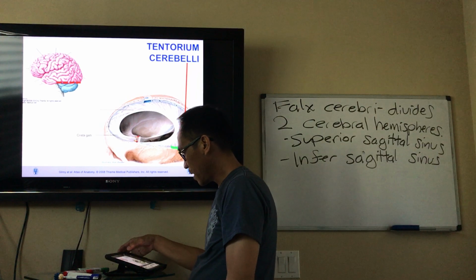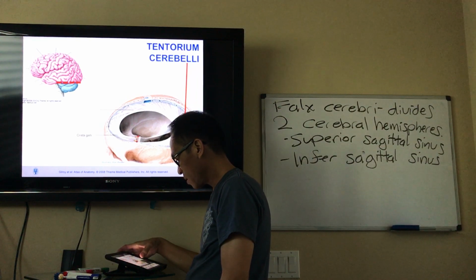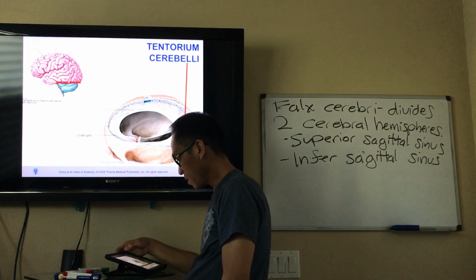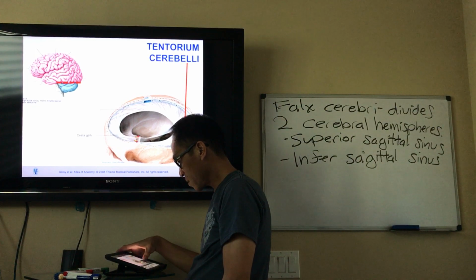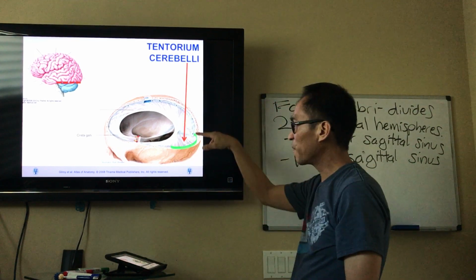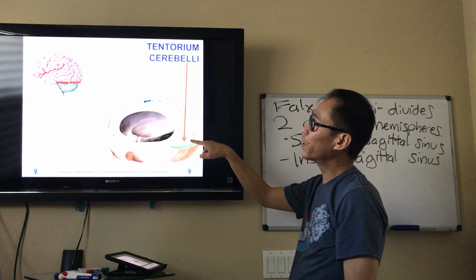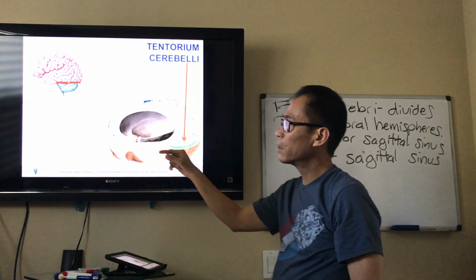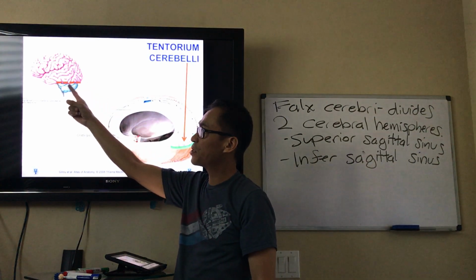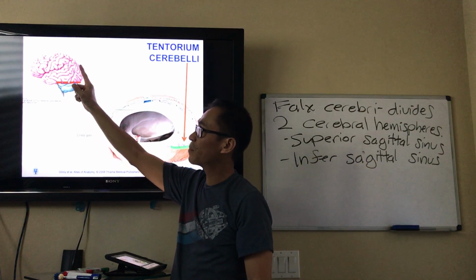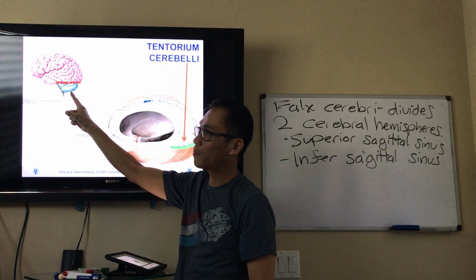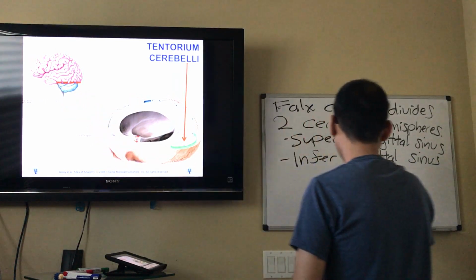Okay, the next one is the Tentorium Cerebelli. I already have my green line in there, but this is the partition. The Tentorium Cerebelli is like a tent. It forms a partition between cerebrum above, cerebellum below. So let's note the tentorium.